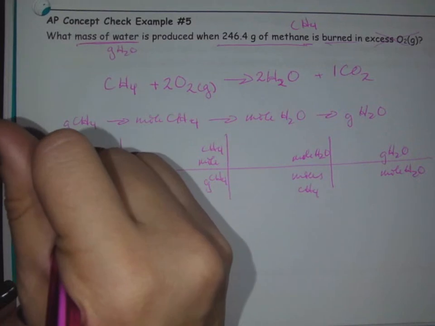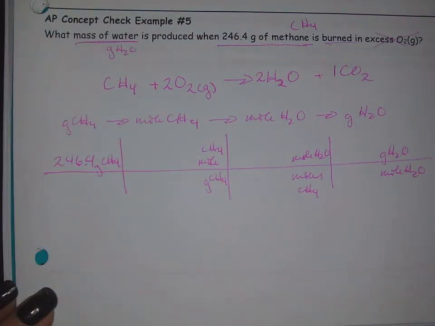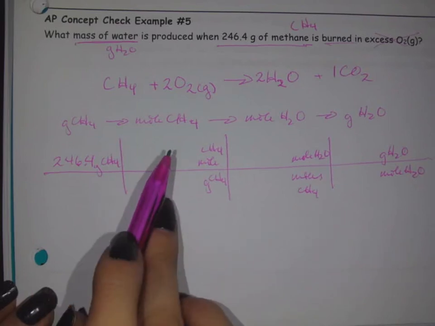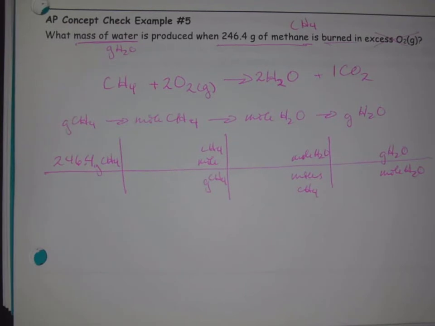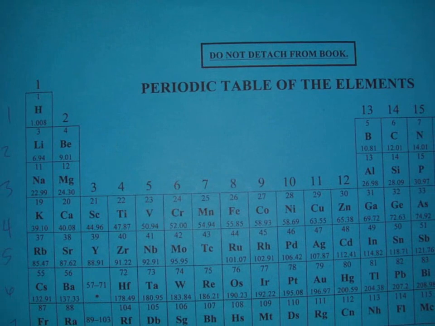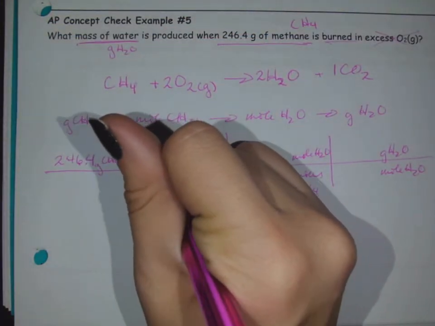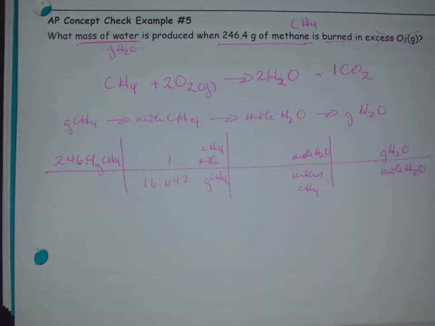Upper left is always what we're starting with. We're starting with 246.4 grams of methane. And now we have moles over grams or grams over moles, and that's going to come from my periodic table. So 1 carbon and 4 hydrogens. I would add together 1 carbon, 12.01, plus 4 hydrogens, 1.008 times 4. And that's how many grams per mole. So we get 16.042 grams per mole.